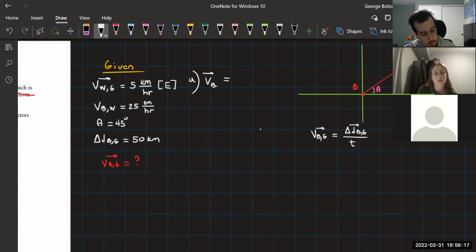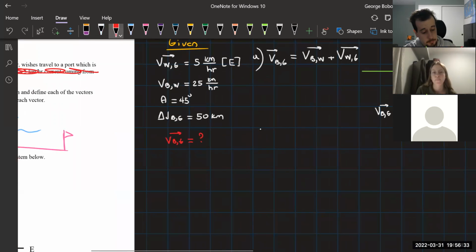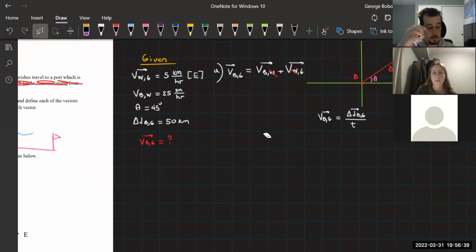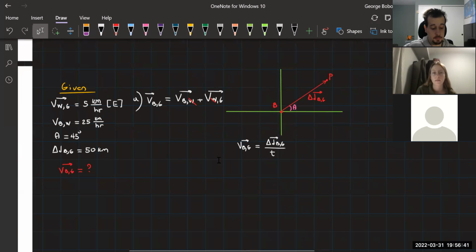VBG equals VBW plus VWG. Yep, plus VWG. And again, these will drop by rule. These will drop and you'll get this velocity back, right? Yep. Fair enough. So that literally is A. This is 3 marks. If you remember basically the transformation equation, it's 3 marks.